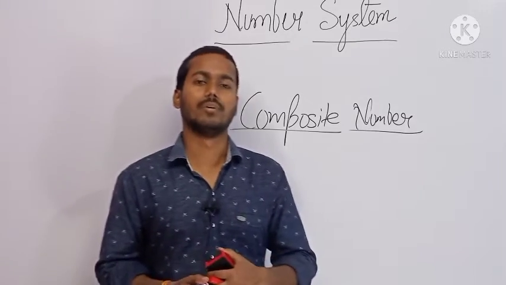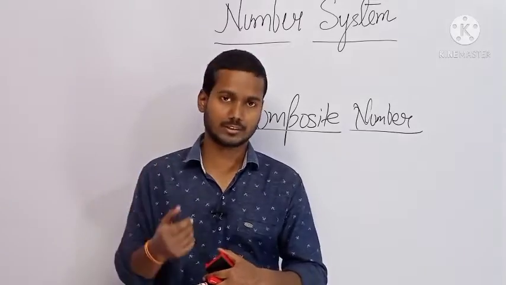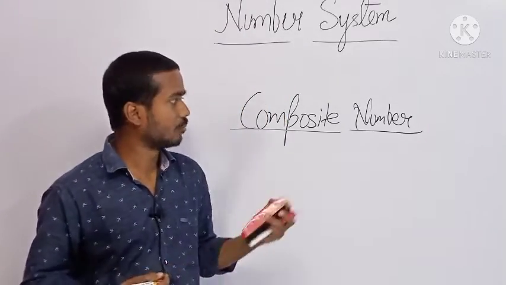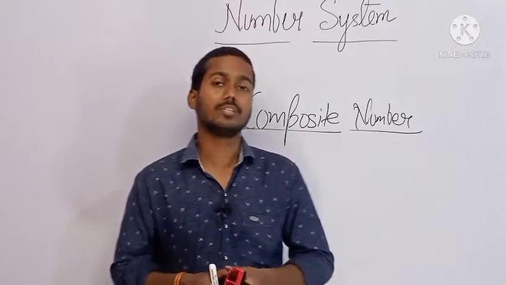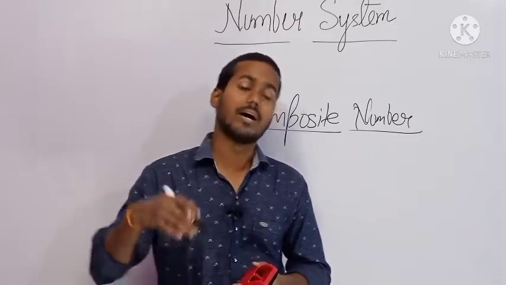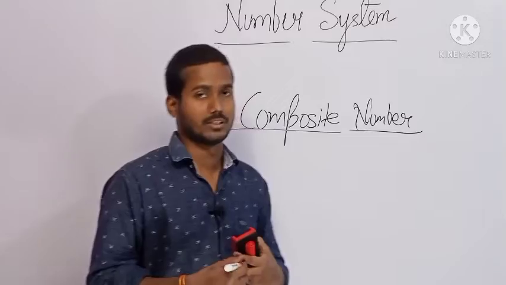The numbers which have more than 2 factors are called composite numbers, or in another way, composite numbers are those numbers which are divisible by itself and 1 and by some other number also.